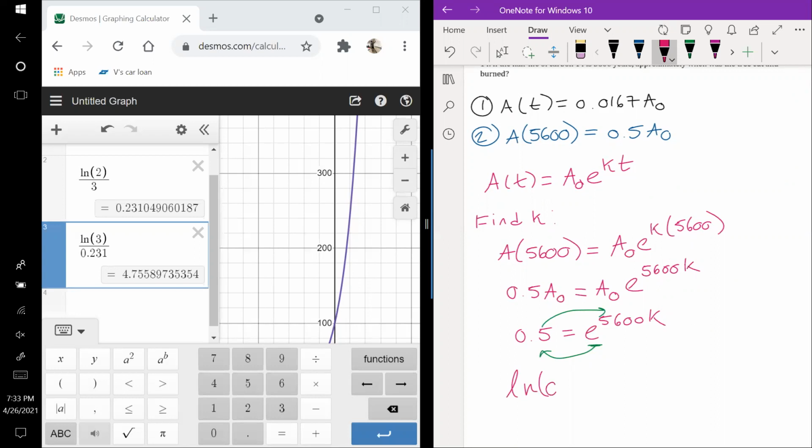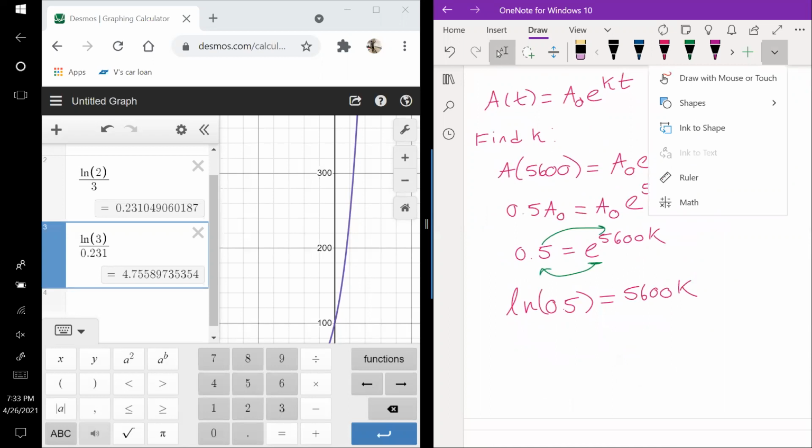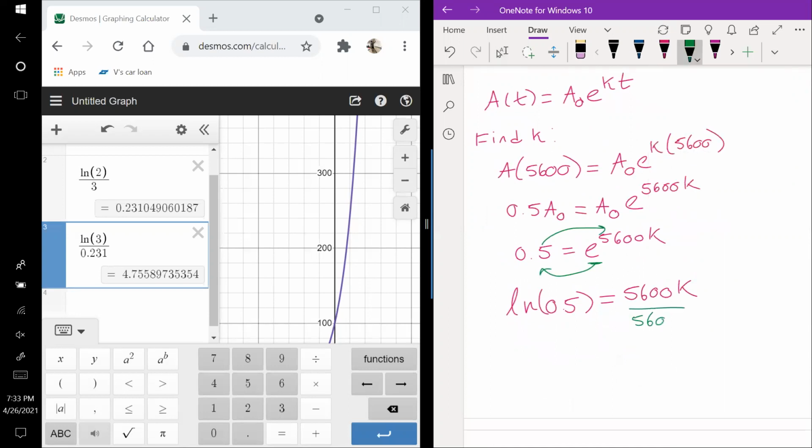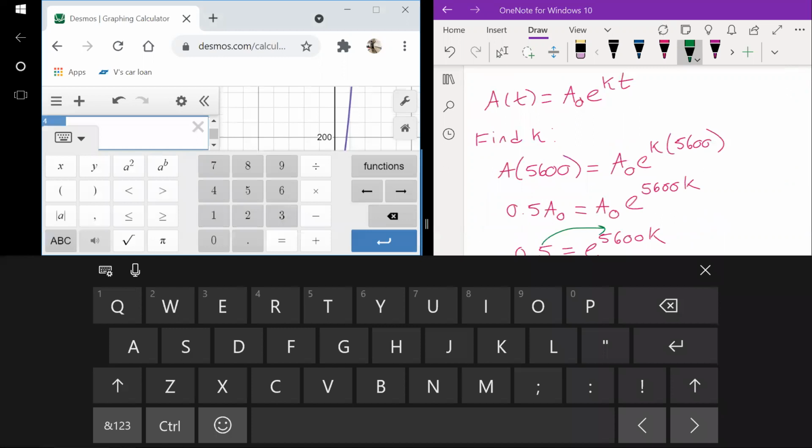We will have the natural log of 0.5 equal to 5,600k. And then divide by 5,600. And let's see what we get.